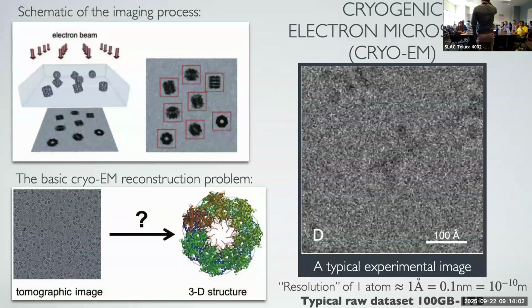As I said, the most important feature of these Cryo-EM images is that they're extremely noisy. Because of that, we typically need hundreds of thousands or millions of them to do a single reconstruction, which gives rise to gigantic data sets on the order of hundreds of gigabytes or terabytes for a single reconstruction.